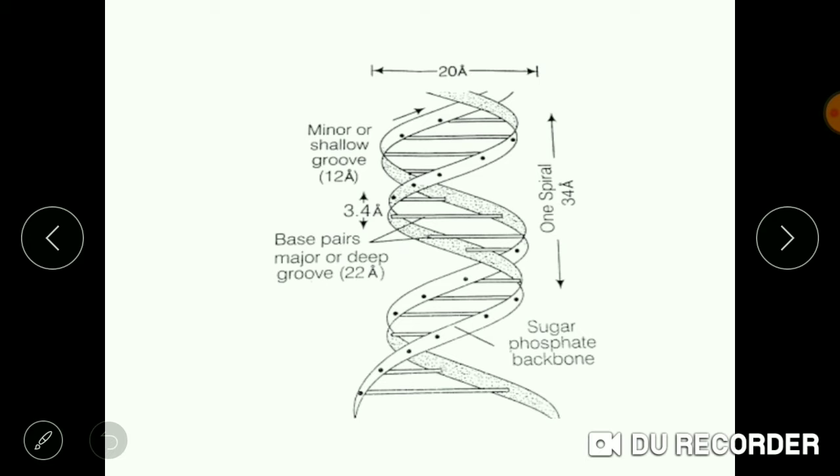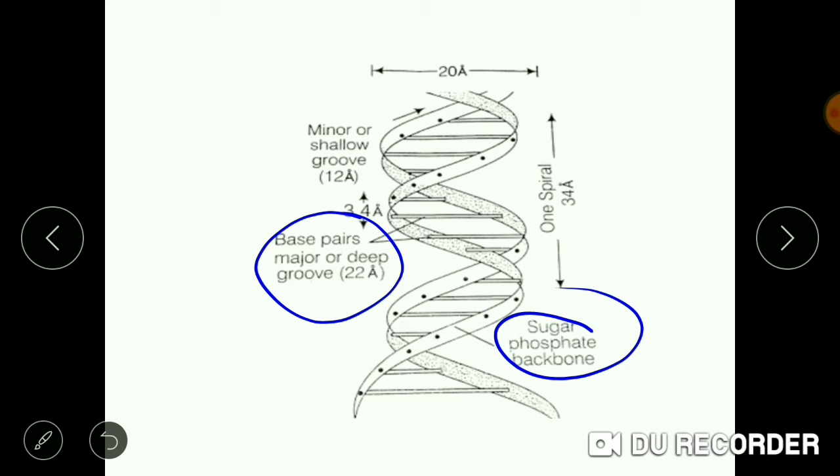In the last class we studied the double helical structure given by Watson and Crick, which states that the phosphate group and the pentose sugar lie towards the backbone and the base pairs are present towards the interior of the helix.